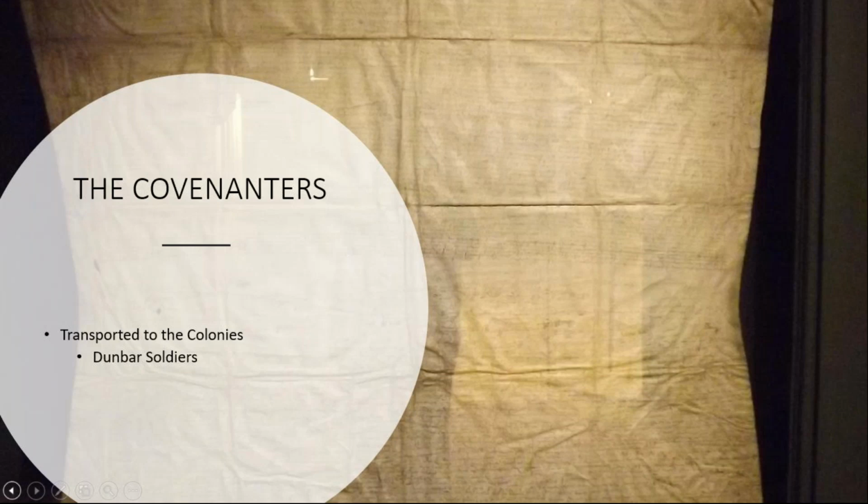Some of the Covenanters, not the ones that were in Greyfriars, of course, the ones that were rounded up in Dunbar, which is on the coast just above the English border, they were taken down, force marched down to Durham Cathedral. There were 6,000 men who were rounded up. 3,000 of those died en route. 3,000 arrived at Durham Cathedral.